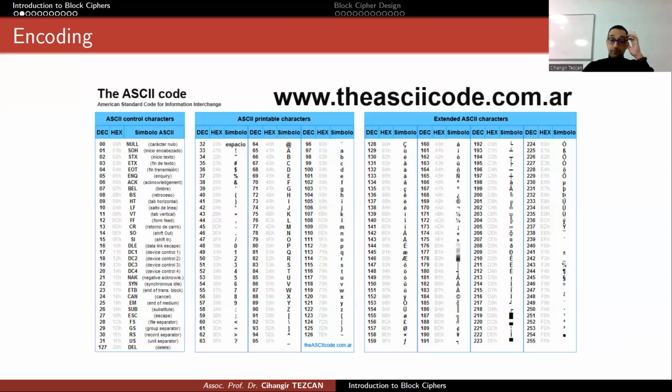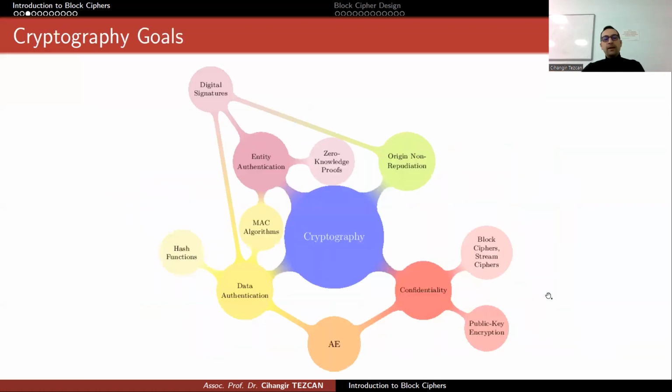Assume that we agreed on an encoding, so everybody understands what we are sending and receiving. So we will be dealing with bits in cryptography. Cryptography is a huge area, and new areas are getting added to this science. The most popular ones recently are homomorphic encryption, post-quantum cryptography, multi-party computation, and so on.